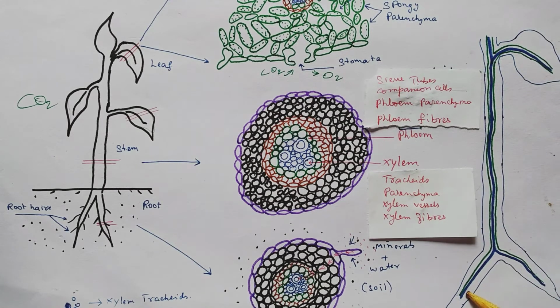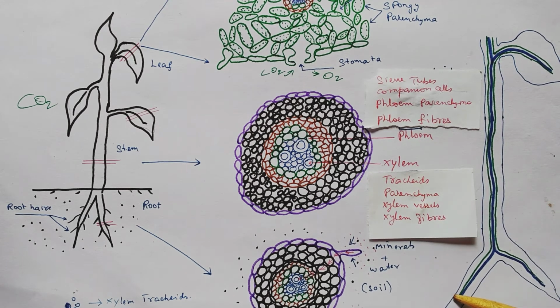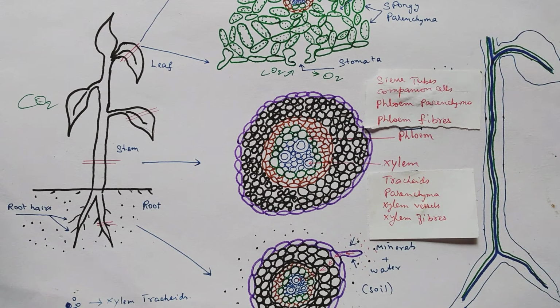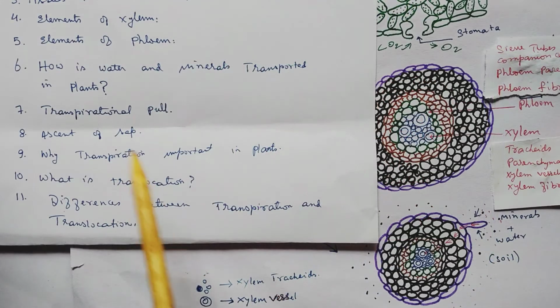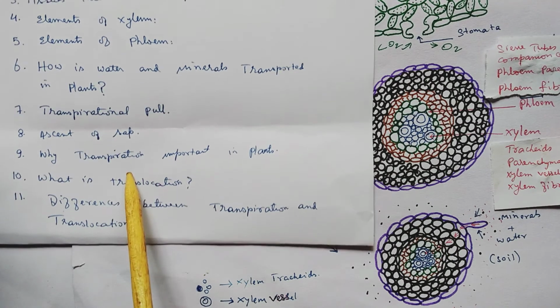Movement of water and mineral molecules will be from the soil to the top of the plant, which is one direction only, unidirectional. That is, the movement of water and minerals is unidirectional, that is from the roots to the shoot, not from the shoot down, just one way. We have here the transpirational pull. I explained that in question number 6.